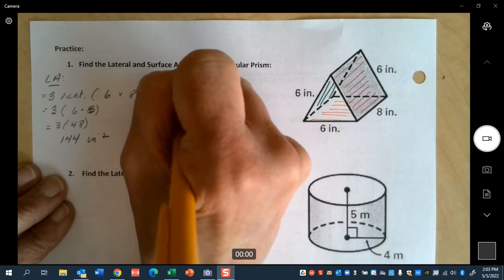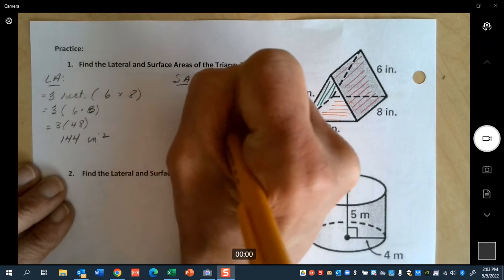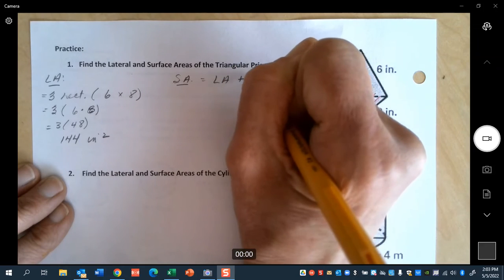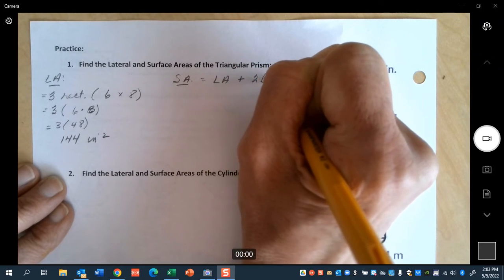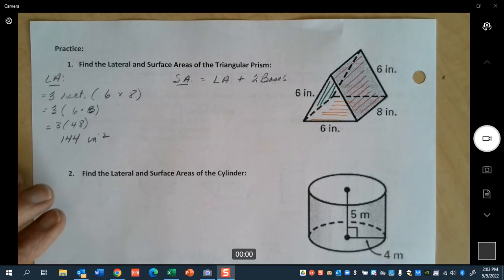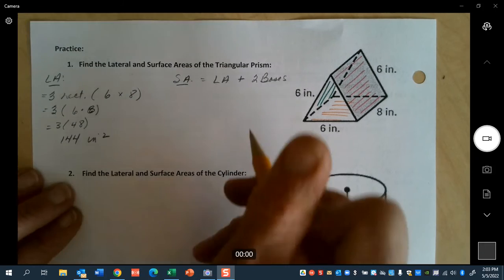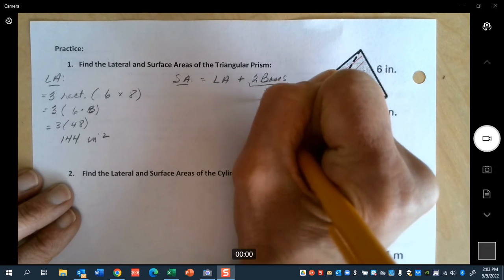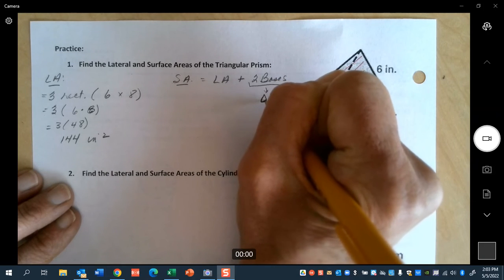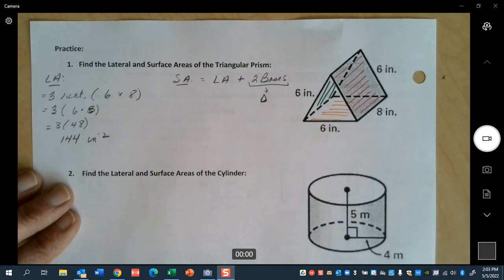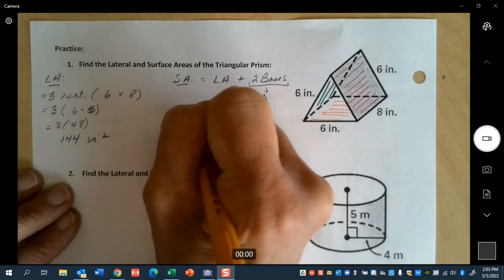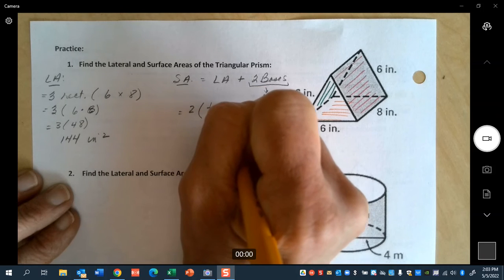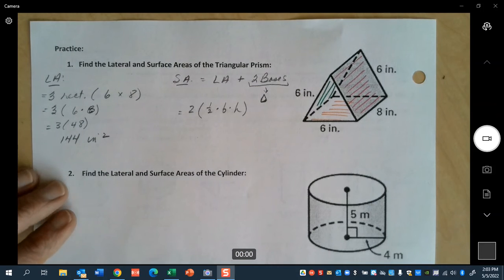When I go to find my surface area, it is going to equal my lateral area plus my 2 bases. For this example, my 2 bases are triangles because it's a triangular prism. So that's going to be 2 times 1/2 times my base times my height.